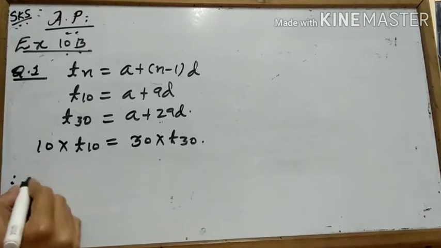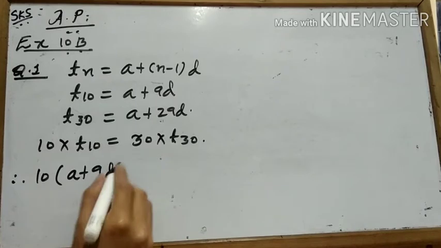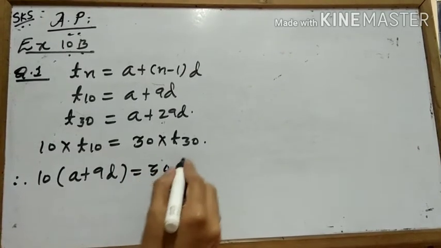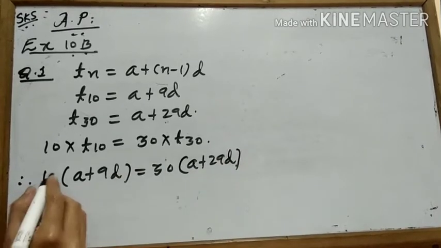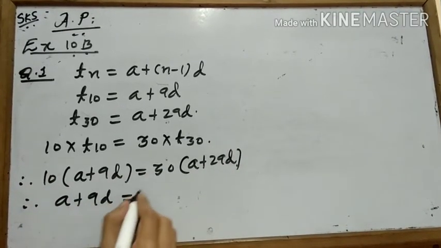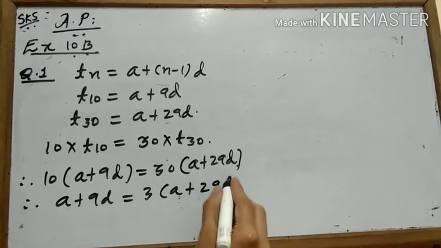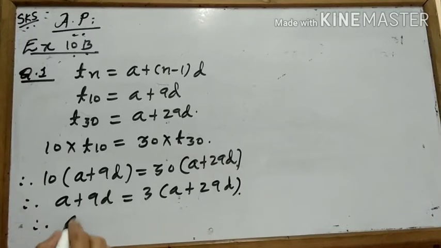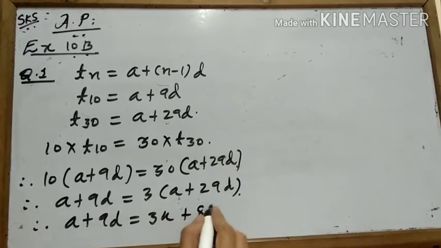What is the value of T10? We know the value of T10 is a plus 9d. What is the value of the 30th term? It is a plus 29d. Here 10 ones are 10, 10 threes are 30. So a plus 9d is equal to 3 into bracket open a plus 29d. This becomes a plus 9d is equal to 3a plus 87d.